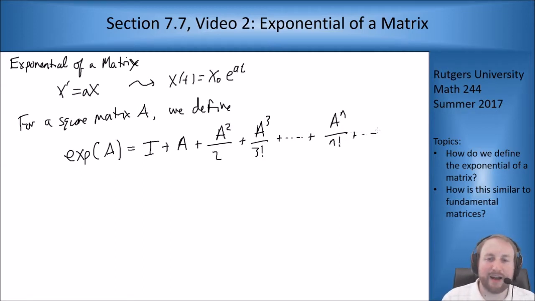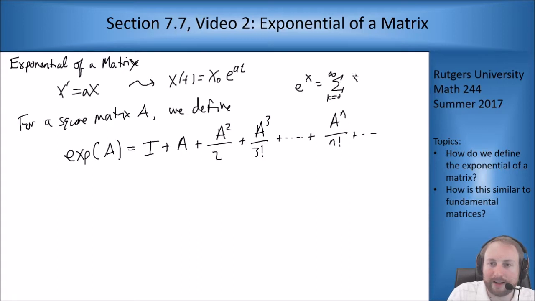This models the power series for e to the x equals the sum from k equals 0 to infinity of x to the k over k factorial, right?